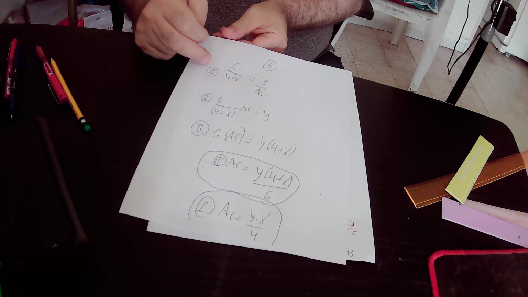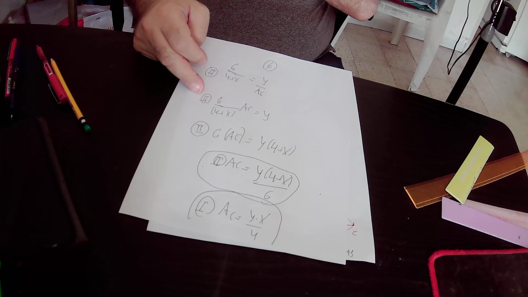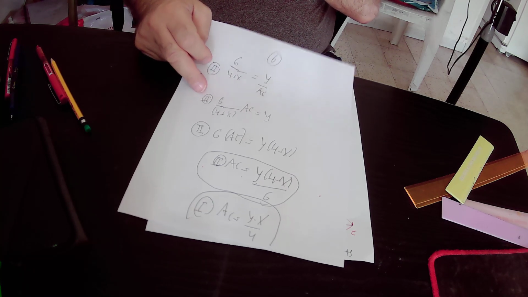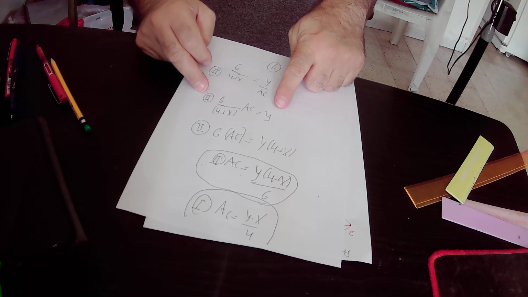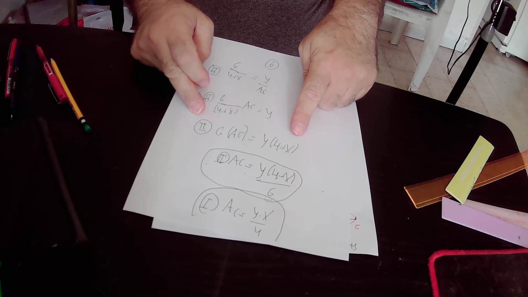Here we multiplied equation number 2 by AC, and we got this equality. Then we multiplied it by 4 plus X, and then divided by 6 in order to get the value of AC.